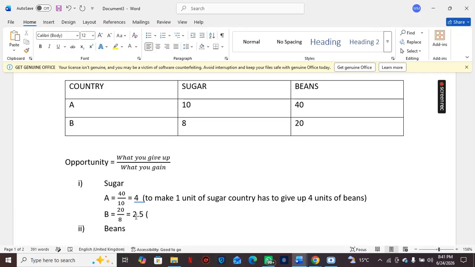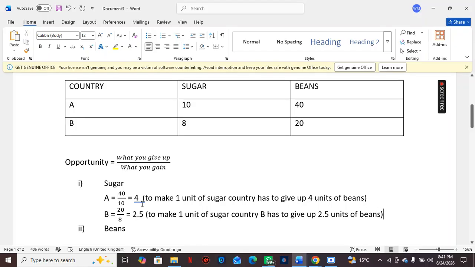So for country B, to make 1 unit of sugar, it has to give up 2.5 units of beans.